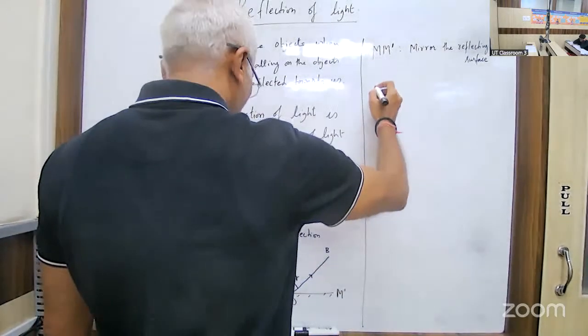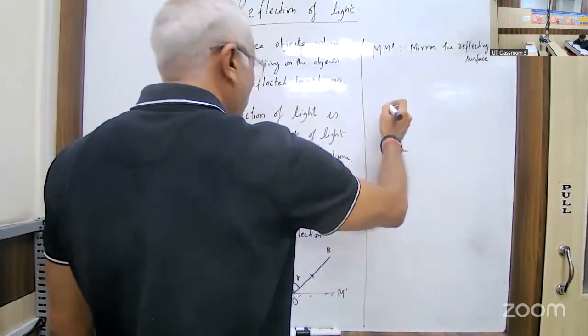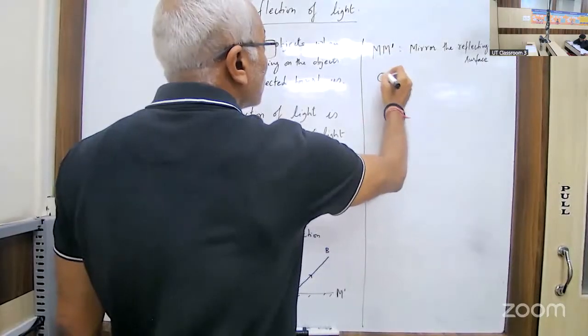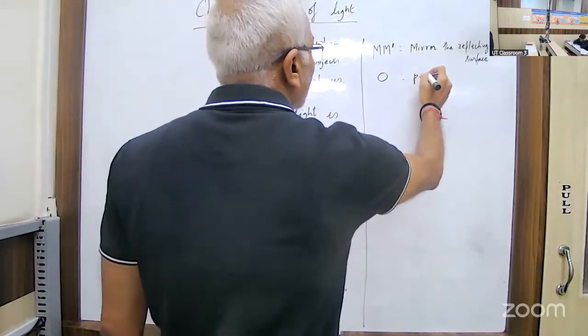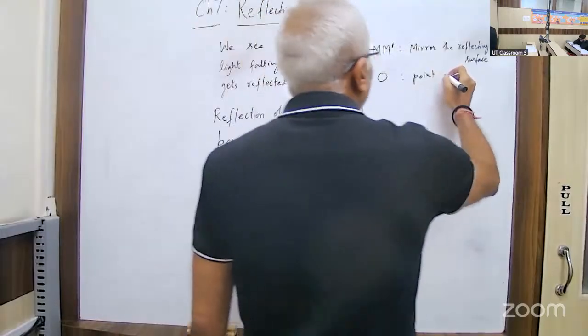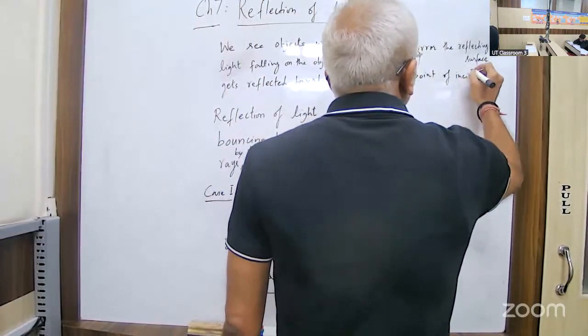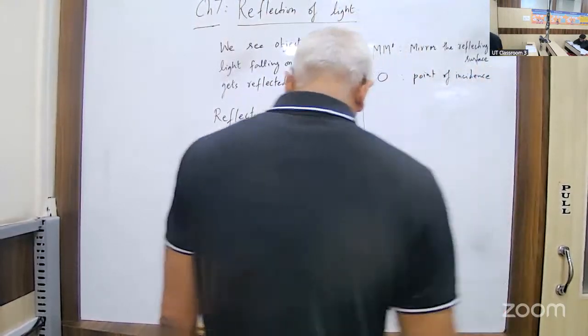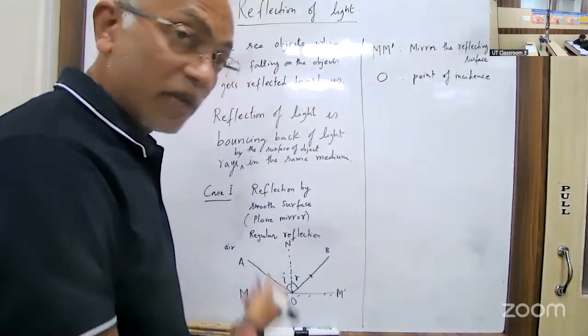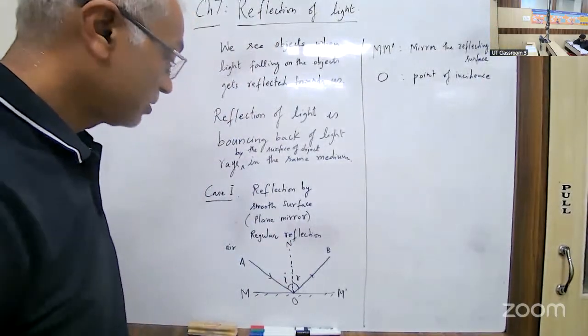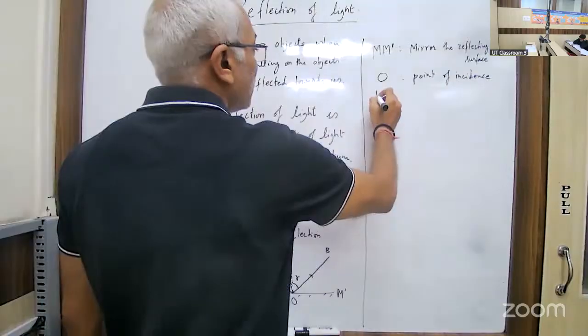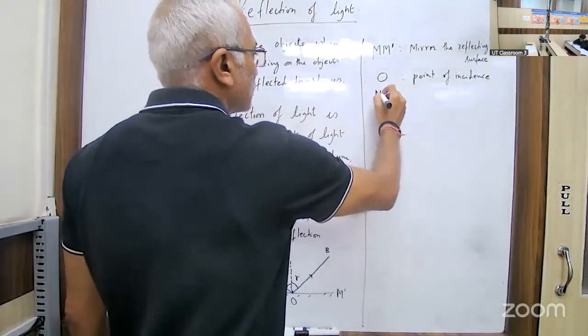So MM dash is the mirror. O is the point of incidence. Can we copy? Parallelly keep writing. O is the point of incidence. When I explain, you listen, but otherwise you can write.